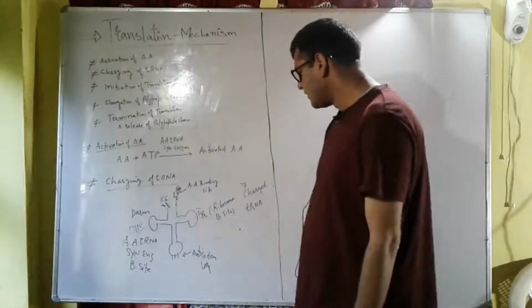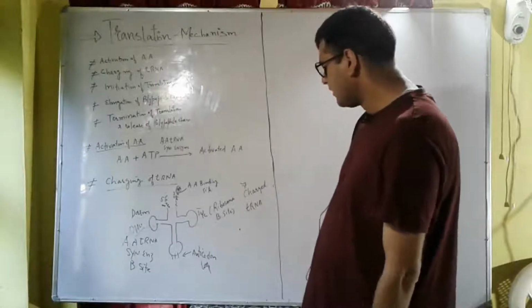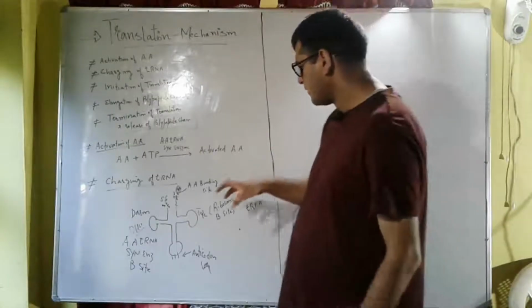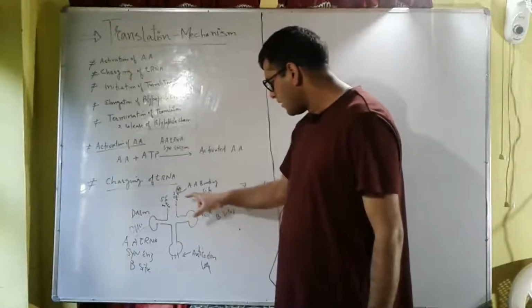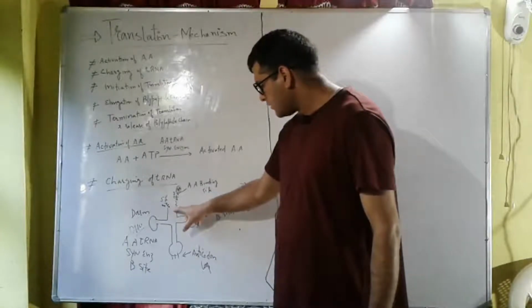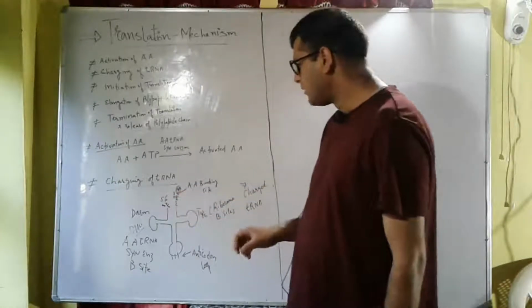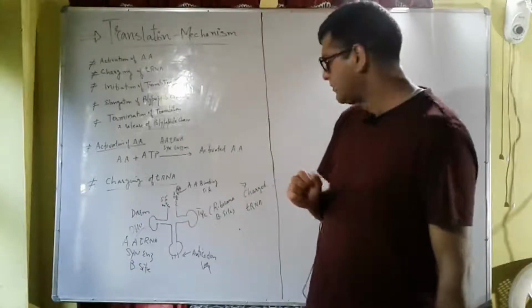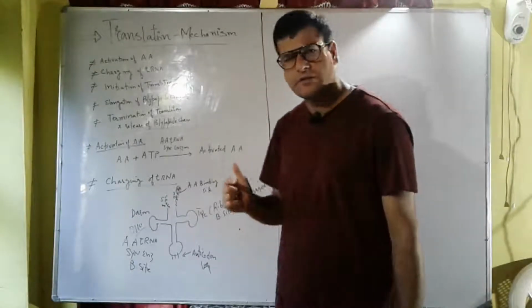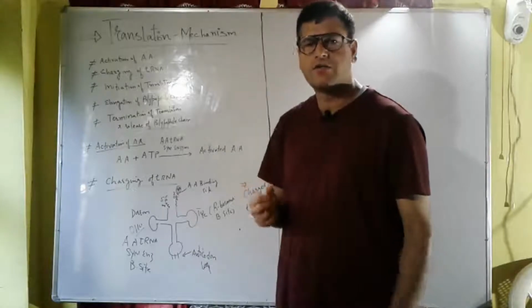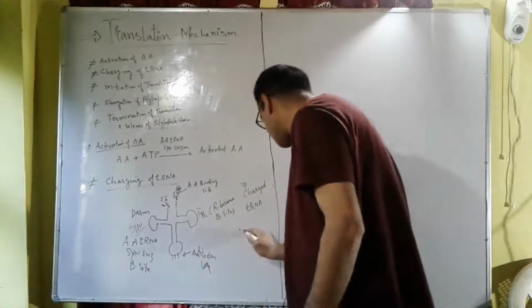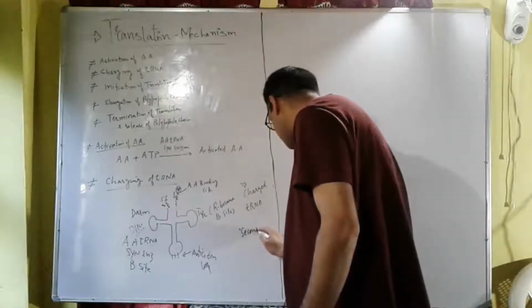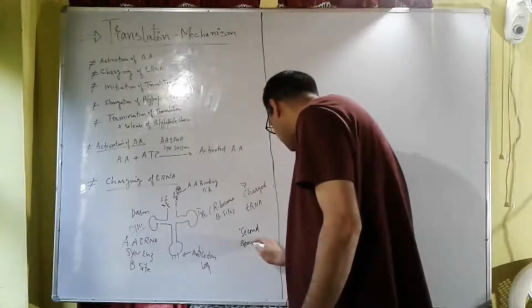Another important thing is that the relation between the amino acyl tRNA synthetase and its tRNA is called the second genetic code.